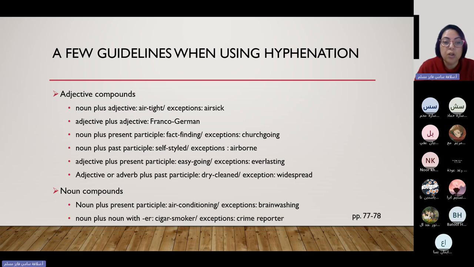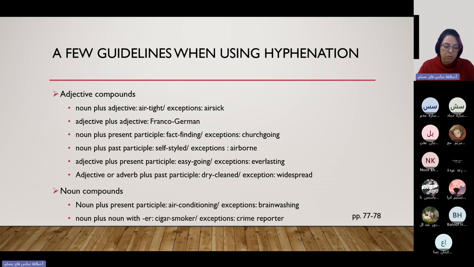Cigar is a noun. Smoke is a noun and ER is the combination. Cigar-smoker. Exception, crime reporter. So you have to learn them by heart. And you have more examples in pages 77 to 78. Okay?